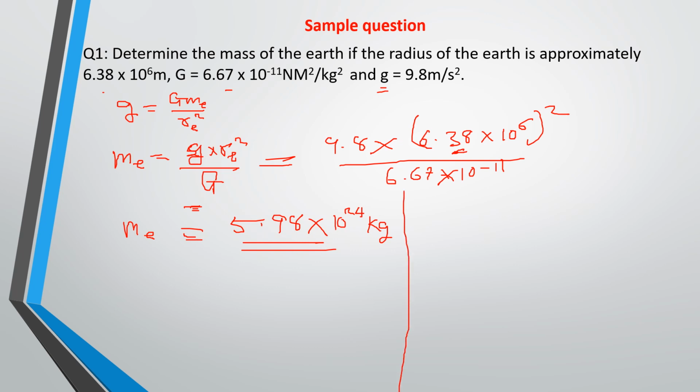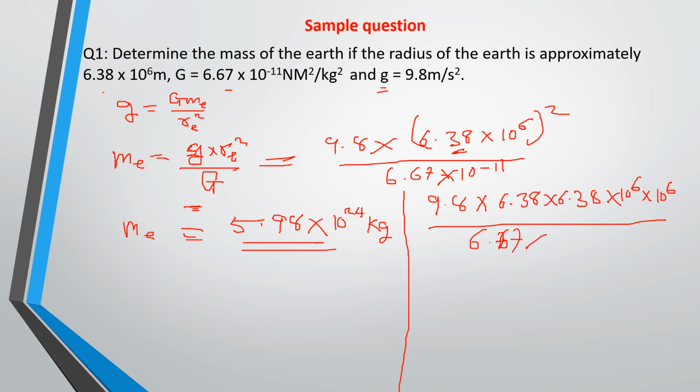You can write it that way: 6.38 times 6.38 times 10 raised to the power 6 times 10 raised to the power 6, all over 6.67 times 10 raised to the power minus 11.